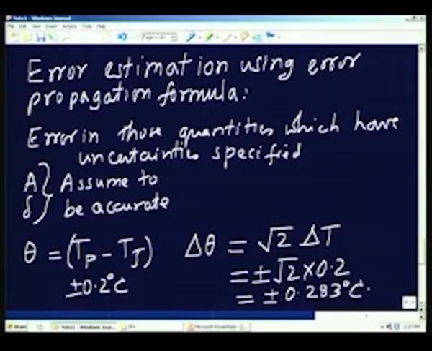This is the error expected in the value of theta, because each of the temperatures measured is prone to an error.